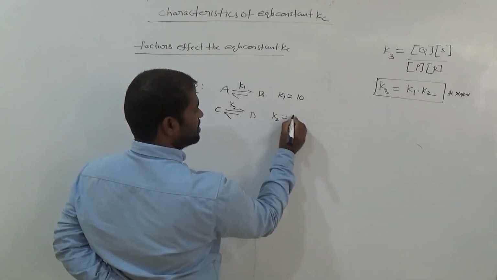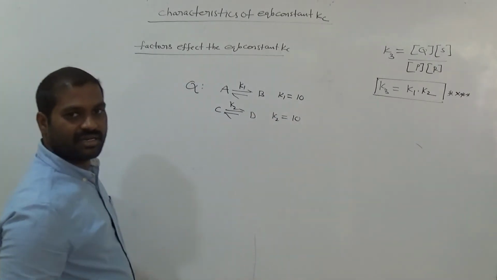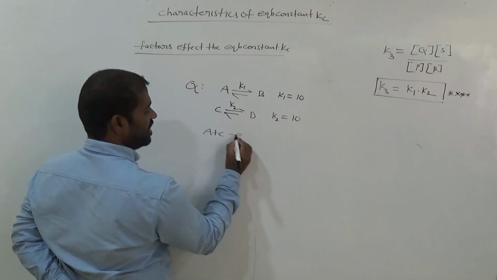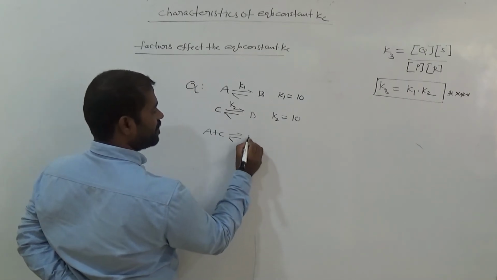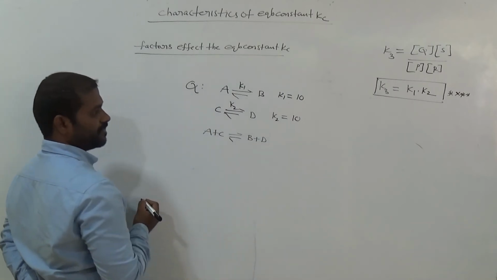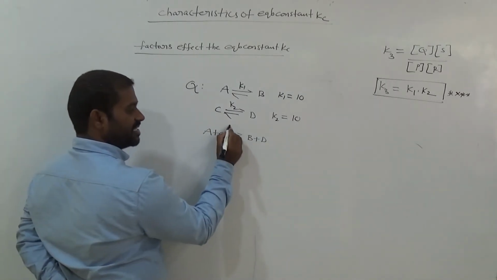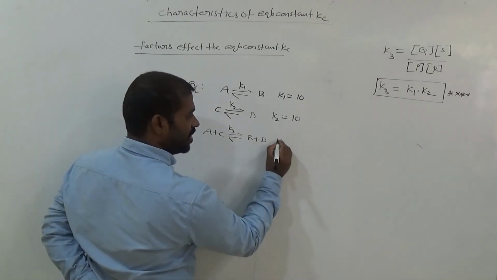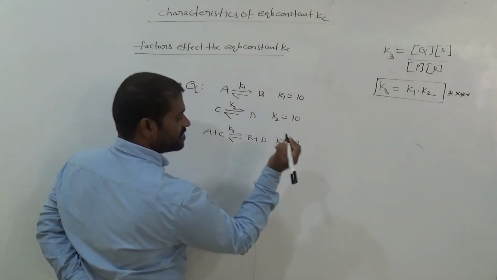Here K2 is 10. For the expression A plus C is reversible to B plus D, where the equilibrium constant is taken as K3. So now what is the value of K3?